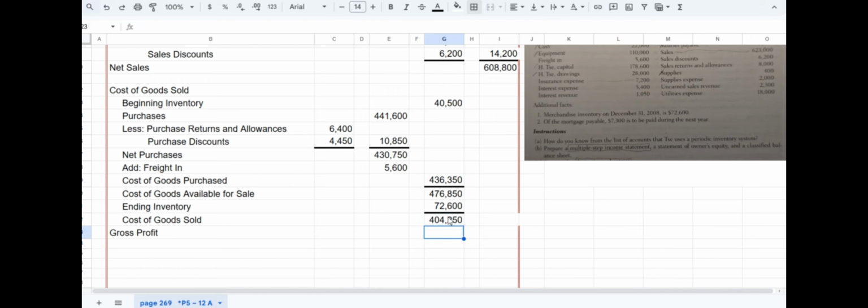Actually, I'm going to put this in the fourth column, because for gross profit, you want the net sales minus the cost of goods sold.